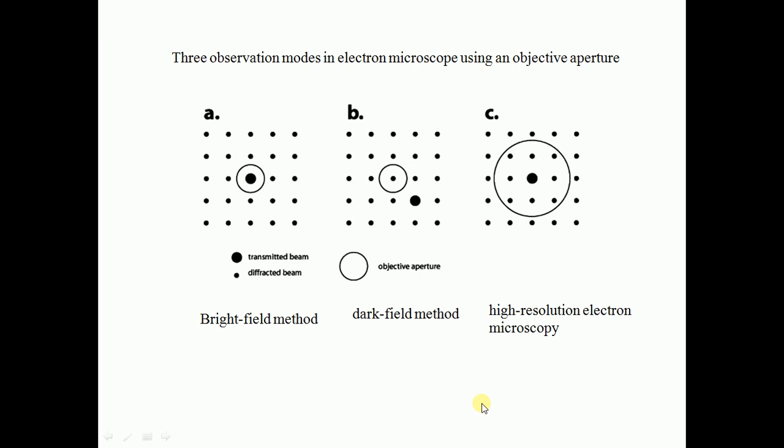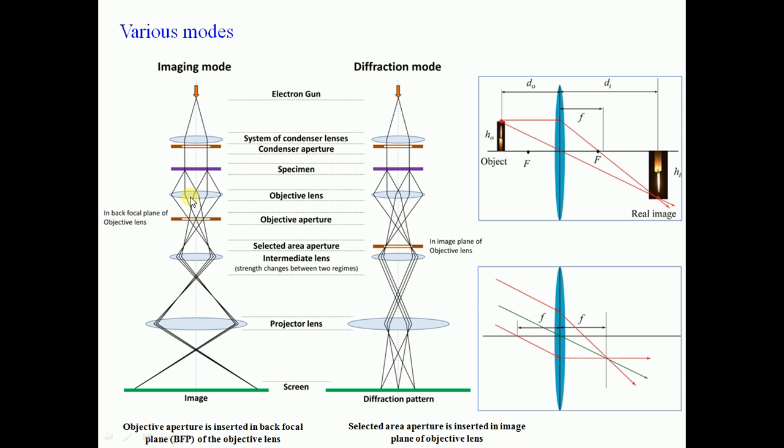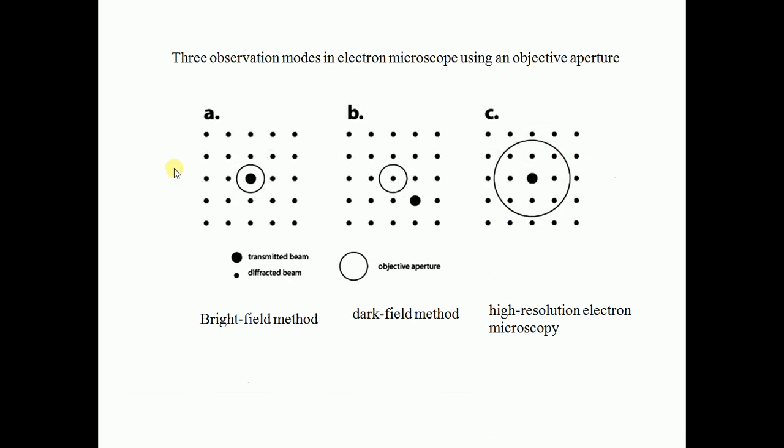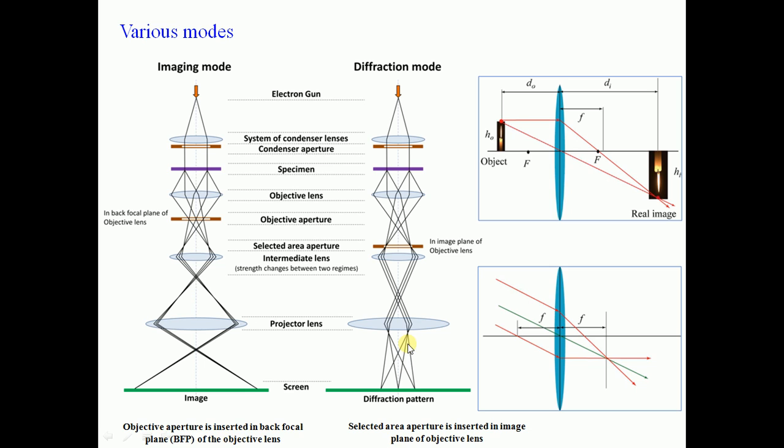So if you see the cross section of the electron beam which is coming out of the sample, we have the transmitted beam with the help of imaging mode, and we have the diffracted beam which comes due to the diffraction geometry, and you get the spots.